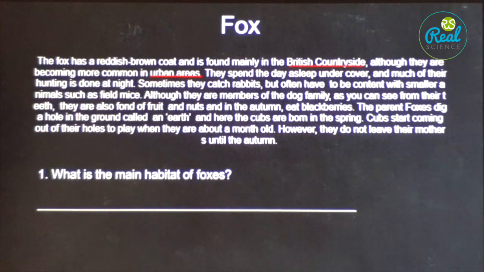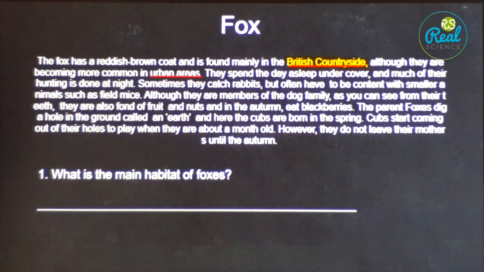Okay. Here, even though it's saying that it is found mainly in the British countryside, they are becoming more common in urban areas. More common means these days people see them quite often. But the main place that they live is still the British countryside. Answer is British countryside.